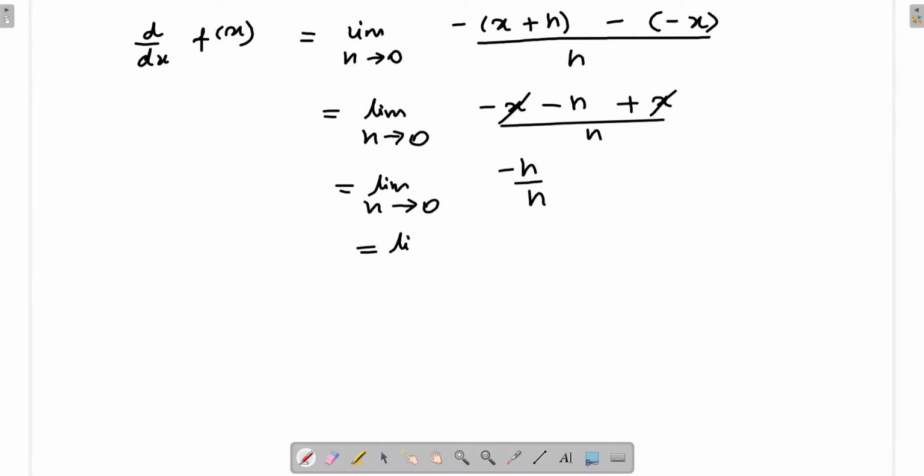So this will be equal to limit h tends to 0 of minus 1. This is nothing but the derivative of f of x, right? And the limit of minus 1 is minus 1, because the limit of a constant function is the same constant. So this is the solution of the first problem.